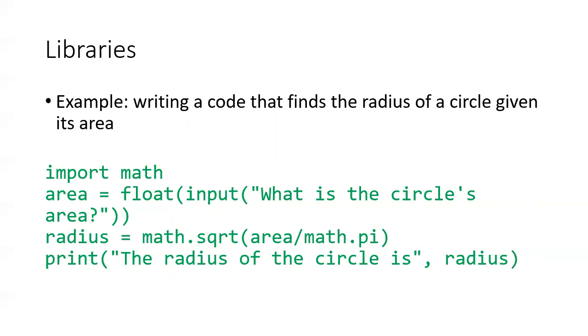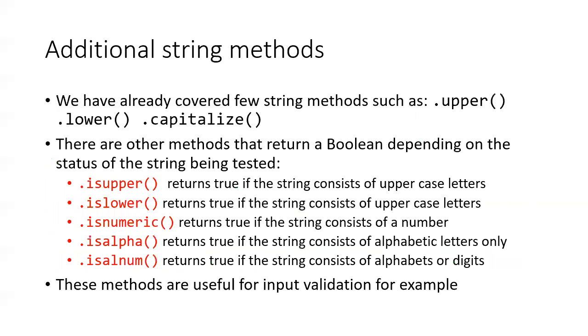We're going to run the square root method, and we're going to pass in these parameters, the area, and we're going to use pi, which is just a special number, as you know, which is also found in the math library. And so that could be used in a program for a circle.